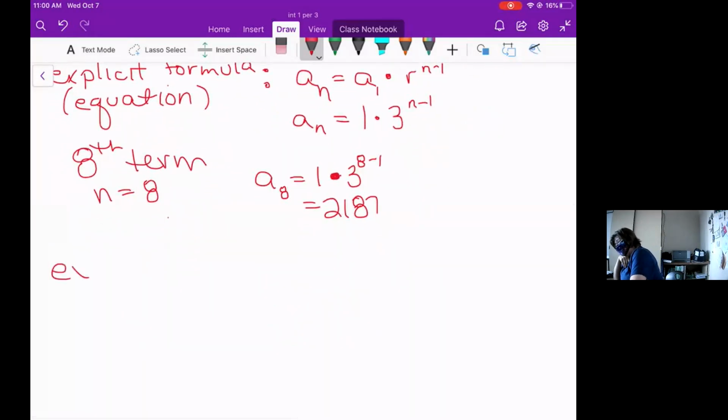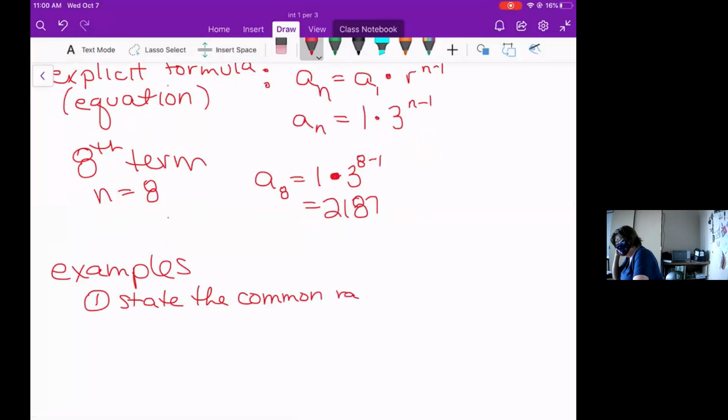So let's do some examples. So the first thing I want to do is state the common ratio. Two, I want to write the equation.